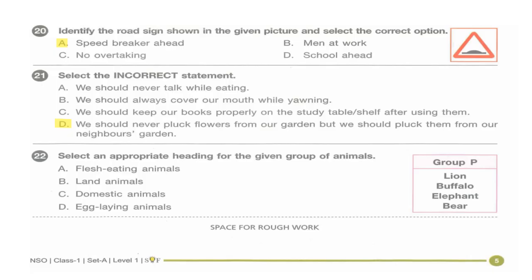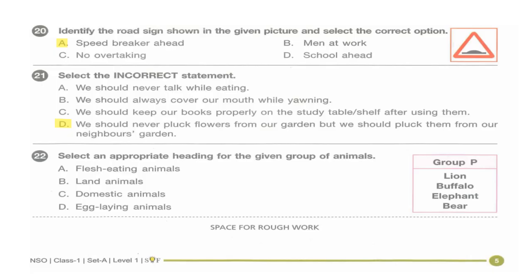Let's move on to the next question. Question number 22. Select an appropriate heading for the given groups of animals. The group P, the animals in the group are lion, buffalo, elephant, bear. A, flesh-eating animals. B, land animals. C, domestic animals.